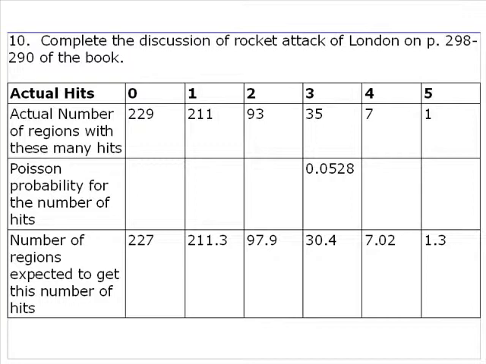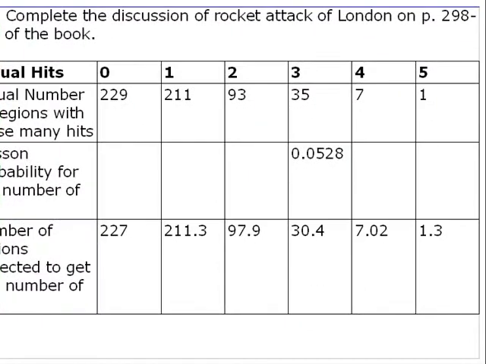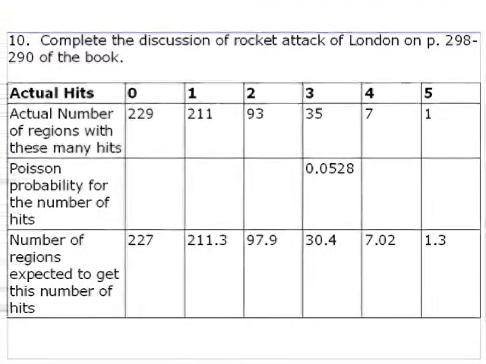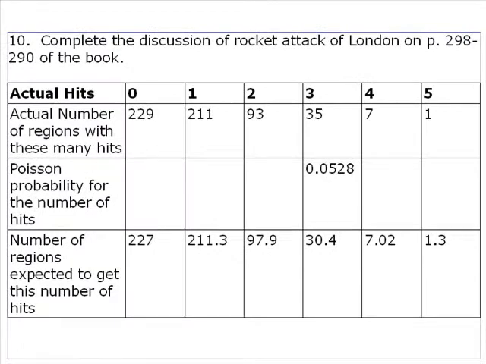The idea was that they took London to see if the bombs that were being thrown at it were due to some good guidance system, or whether they just randomly hit London in these different spots. They couldn't tell. So they took London and divided it up into 576 regions. And now they have the number of hits. 229 of those regions didn't get hit at all.